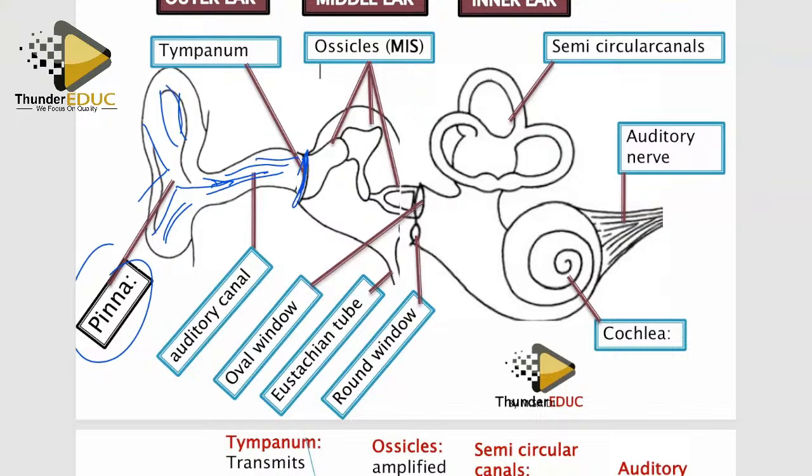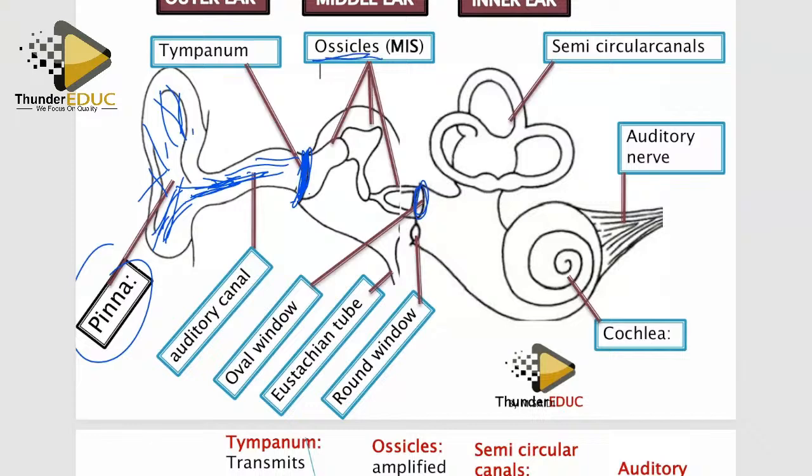The pinna traps sound waves and directs them into the auditory canal. The auditory canal transmits this wave to the tympanic membrane. The tympanic membrane will vibrate. Once it vibrates, it causes the ossicles to also vibrate, transmitting the vibration to the oval window.